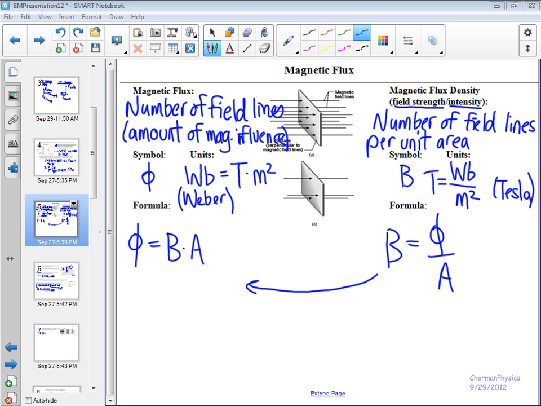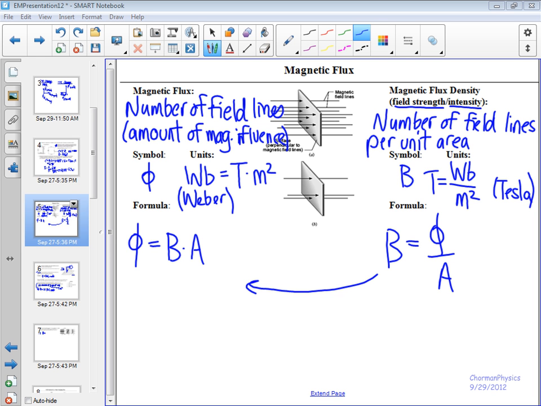A field is just our way of drawing these lines of influence and showing that where these lines are closer, the field is stronger. That immediately tells us that the number of field lines is directly connected to the strength of the magnetic field.